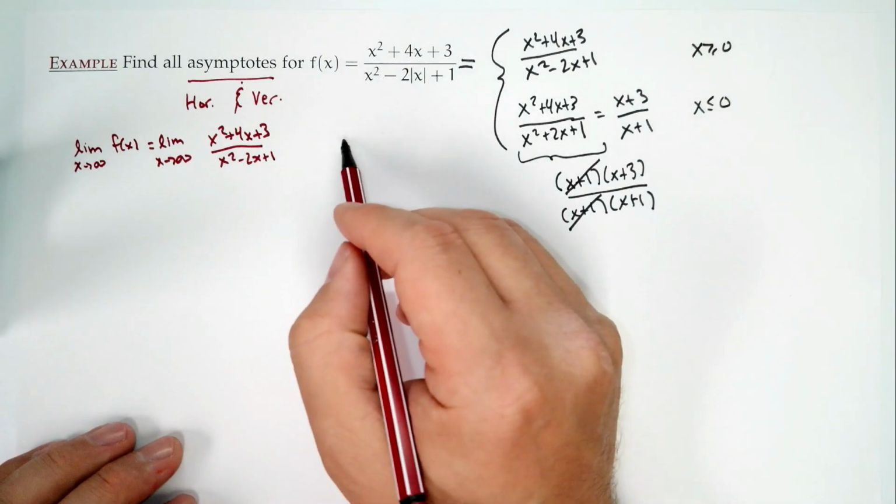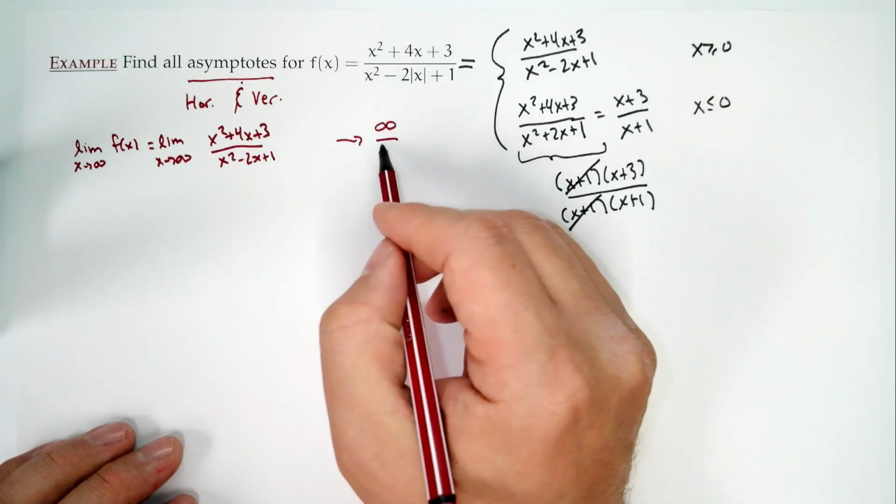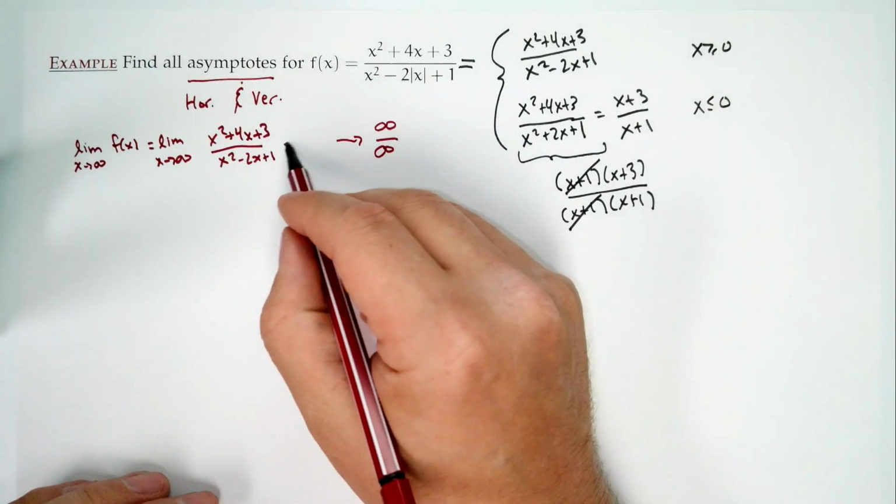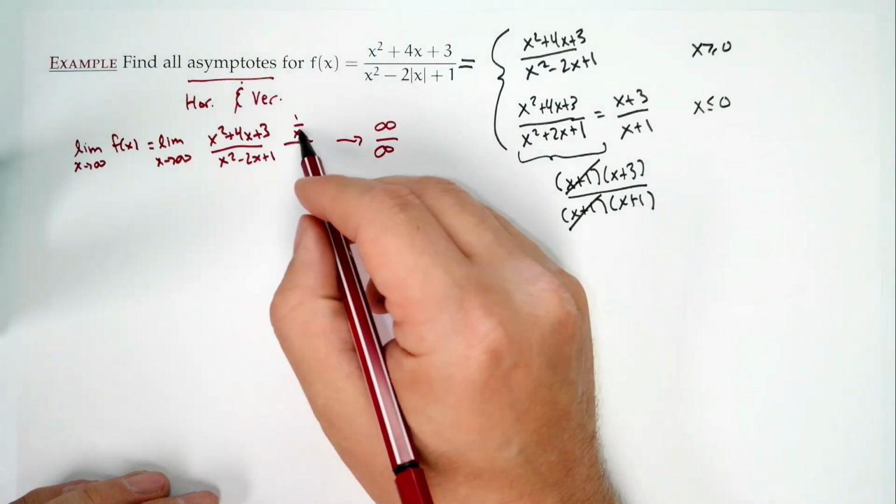Now, right now, we can see it's a big number over a big number because you have the x squareds, on both top and bottom. So it's the same thing that's driving the growth. It's the x squareds.